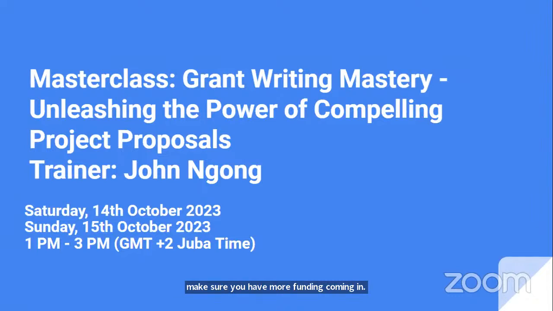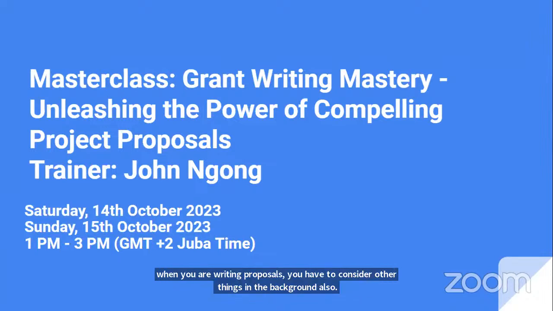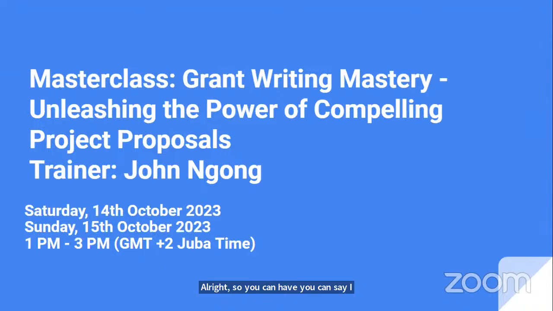But when you are writing proposals, you have to consider other things in the background also, right? So you can say we will be doing quarterly visits to the donor offices. We will also be doing information sharing, like the way we were saying before, sharing your project or organizational profile with as many donors as possible.